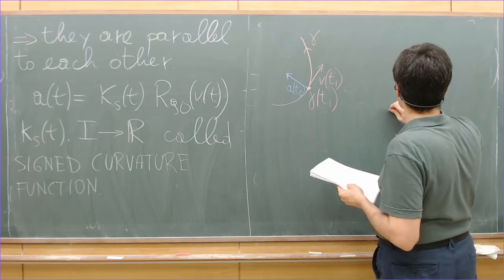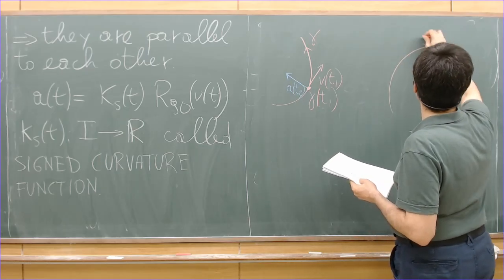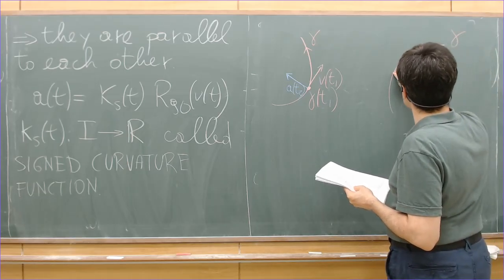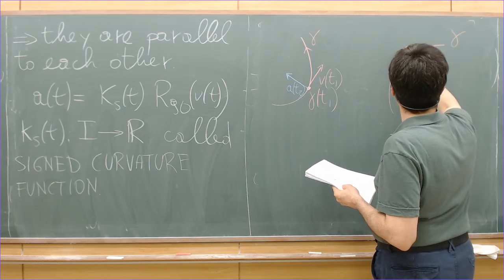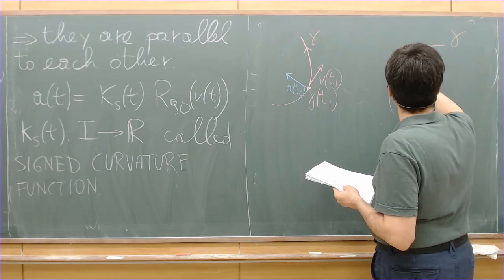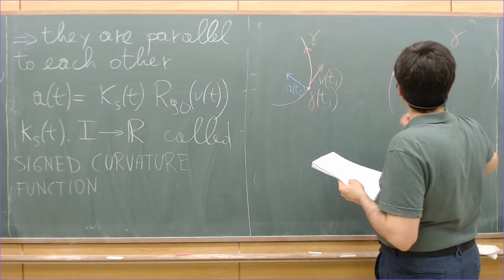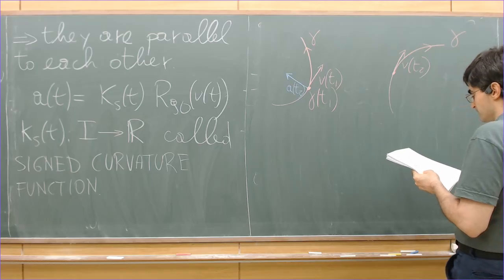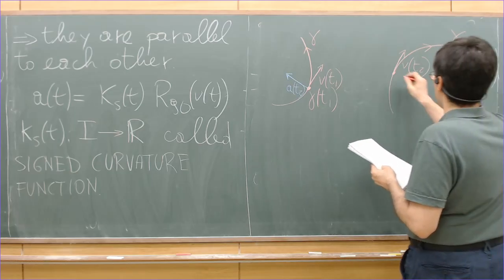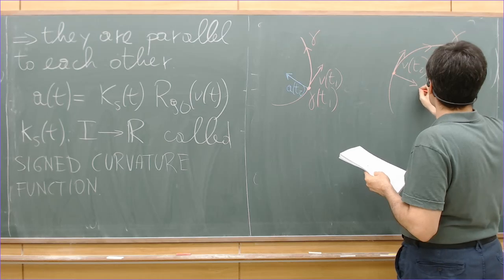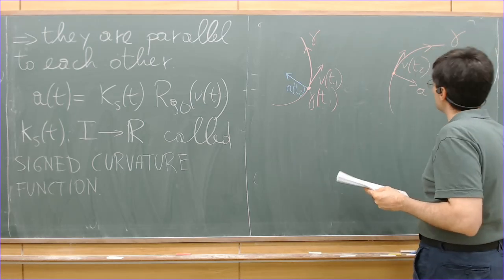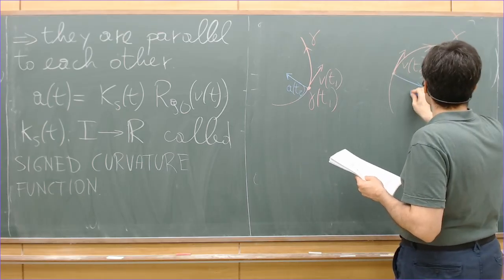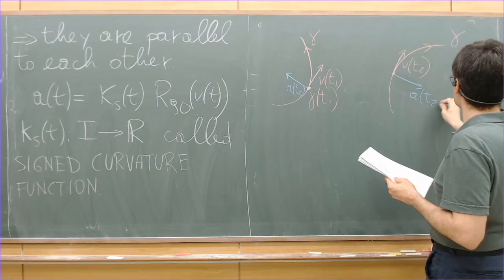Instead, if this is gamma, this is V(t2), this is A(t2), sorry, I have to use a blue color.